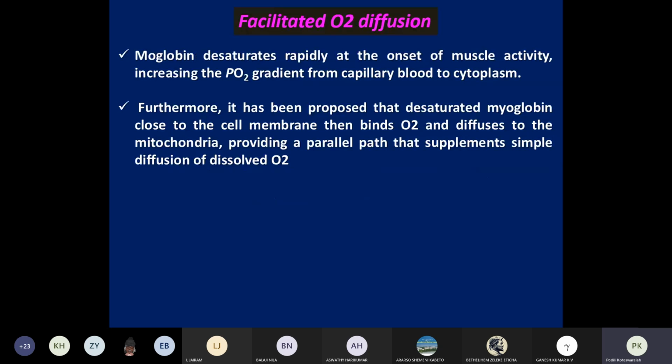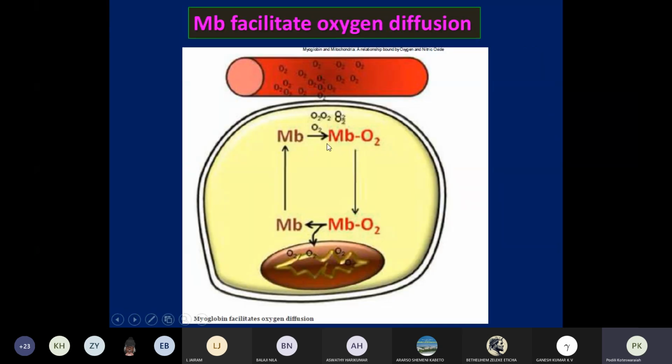And the third one is facilitated O2 diffusion. As I already said, when hemoglobin carries oxygen from the lungs to the tissues, near the tissues the hemoglobin releases oxygen, and this released oxygen near the sarcolemma is taken up by myoglobin, which stores it in the form of oxymyoglobin.